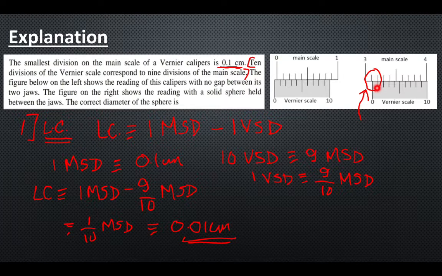So here we can find that the first division of the vernier scale corresponds to the 3.2 division of the main scale reading. Others do not overlap or coincide. This is the main coincident point. So the number of vernier scale divisions that corresponds is 1.